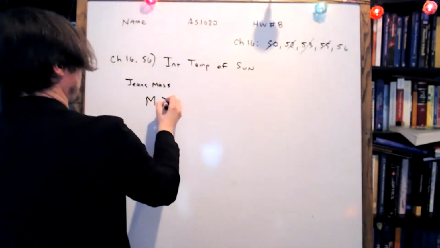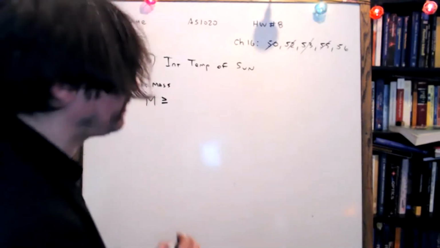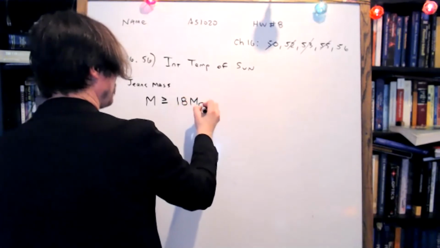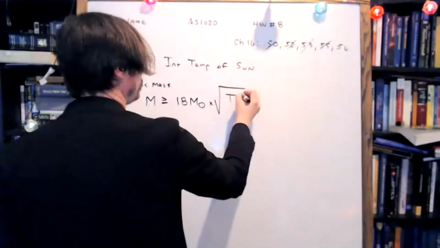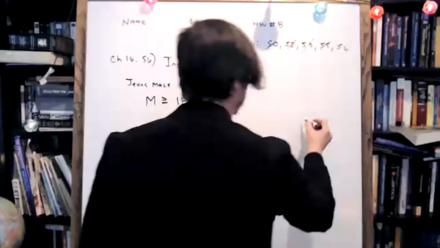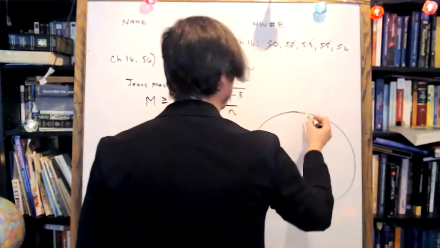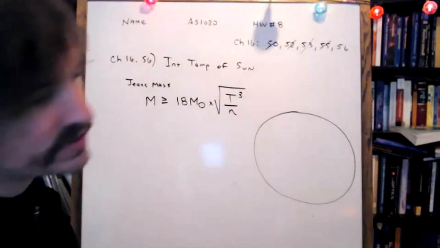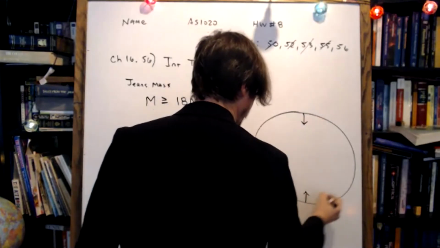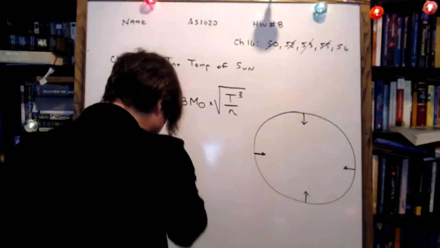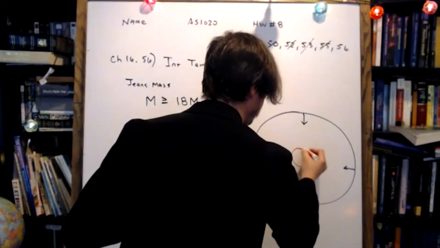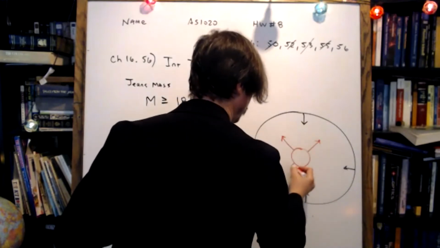The Jeans mass tells us that the mass of a star in thermal equilibrium is about 18 times the mass of the sun times the square root of T cubed over the number density. Let's make the following argument together. The sun is in hydrostatic equilibrium. That means the forces of gravity pulling in are equal and equivalent to the forces of thermal pressure pushing out from the center of the star.